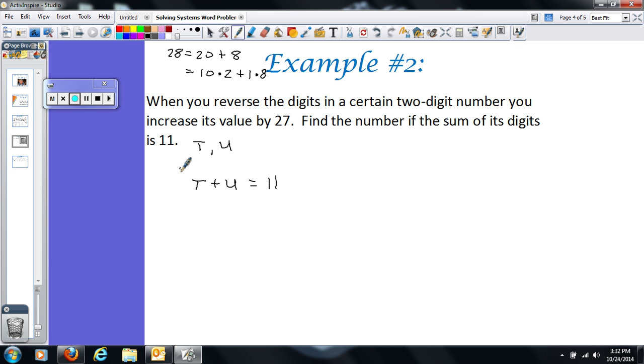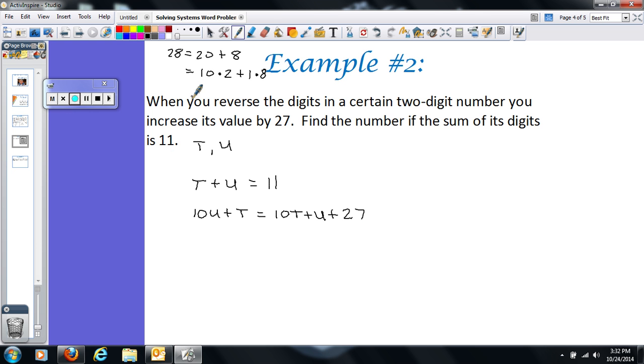So now it says that if you reverse the numbers, okay, so instead of tu, I'm going to do 10 times u plus t equals. To write my two-digit number, I'm going to write 10t plus u plus, and it says that it increases it by 27.